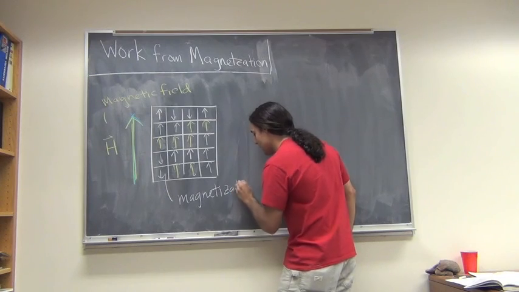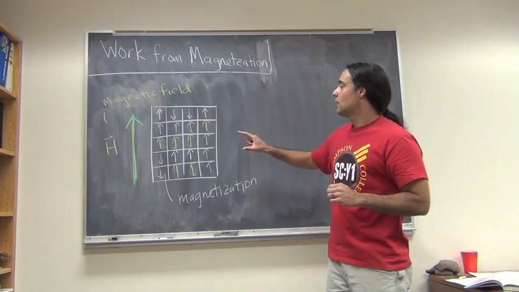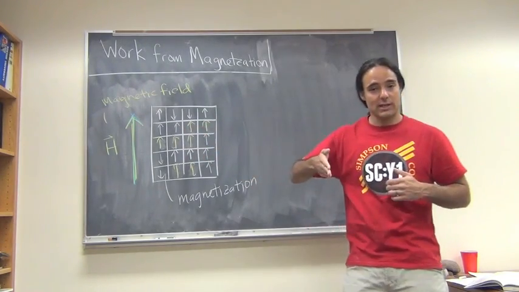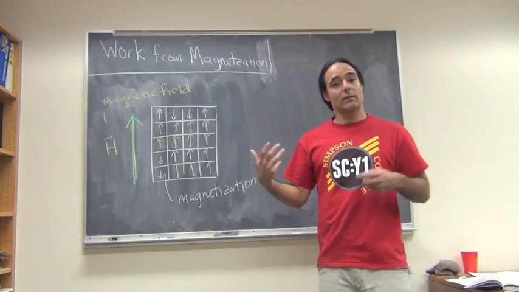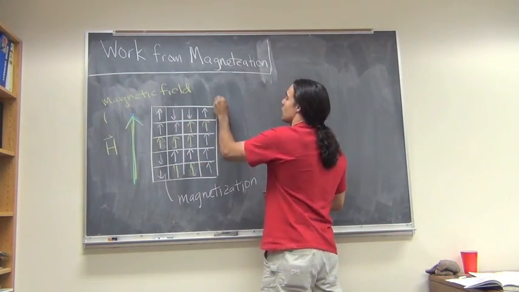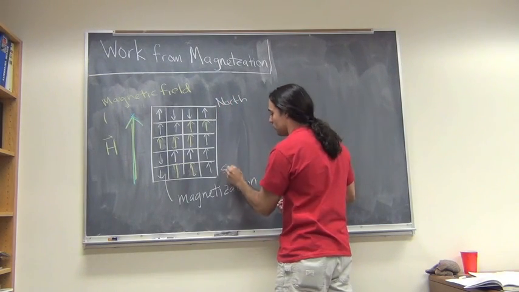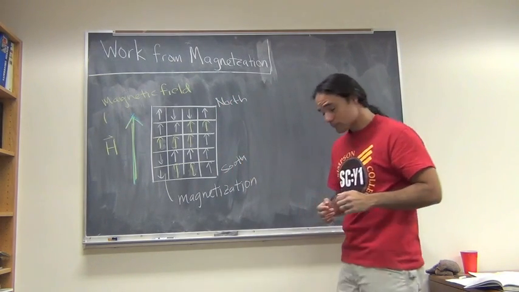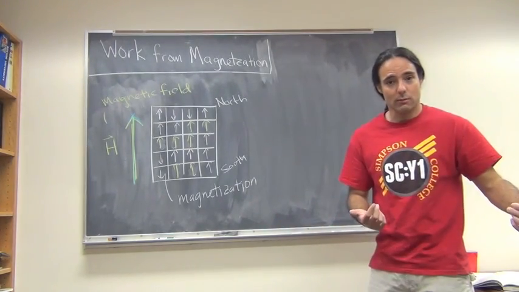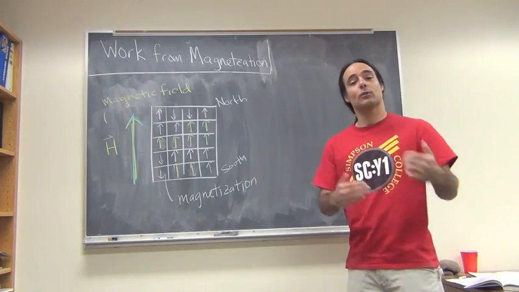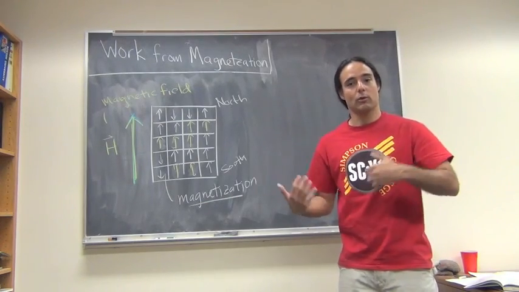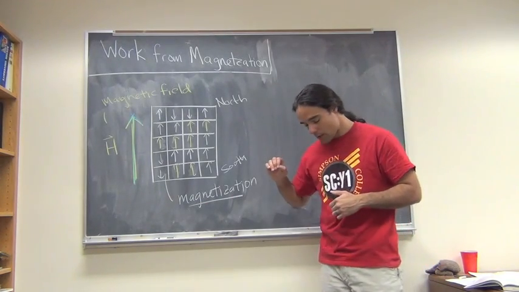So as soon as I start to get a significant fraction of these pointing up, so that it's not 50% up, 50% down, this will start to actually act like its own magnet. You could imagine that once I polarize this, we get a north pole and a south pole, just like on a refrigerator magnet. And just like when we applied an electric field, we got polarization of the molecules, here we apply a magnetic field, we get magnetization of the molecules or atoms inside the material.